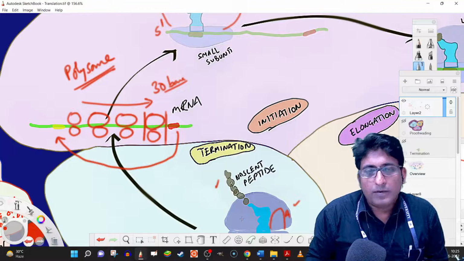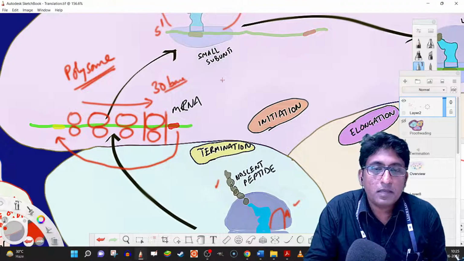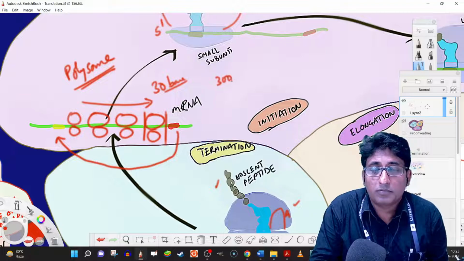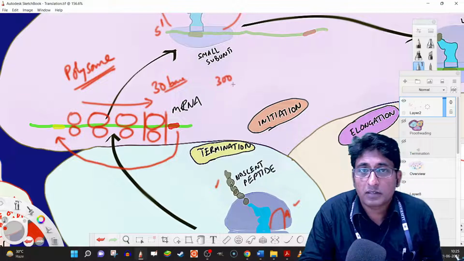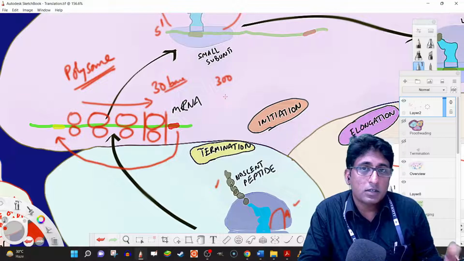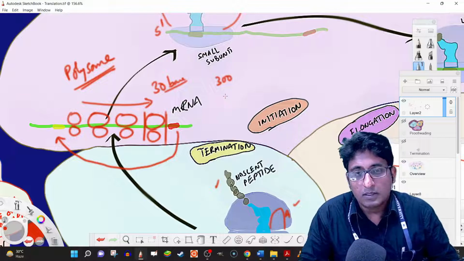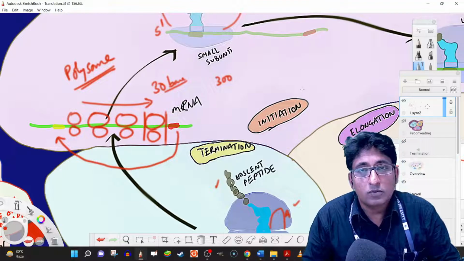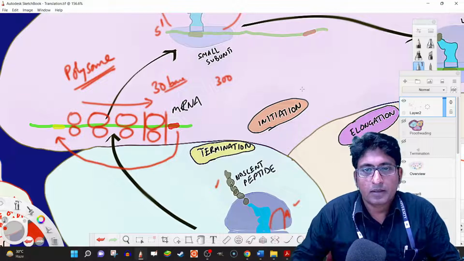So if we had an mRNA with an open reading frame of 300 bases, we can expect that 10 ribosomes are loaded onto it. So the polysome would constitute mRNA loaded with 10 ribosomes reading it.